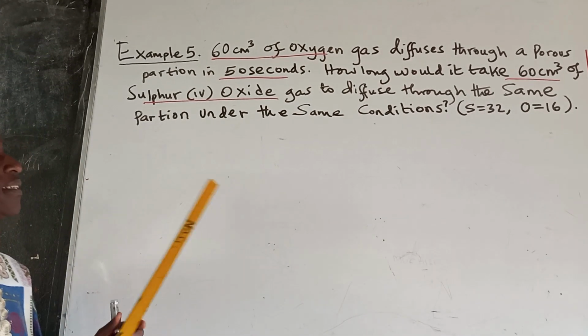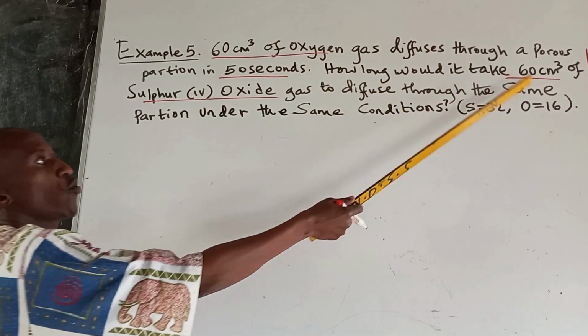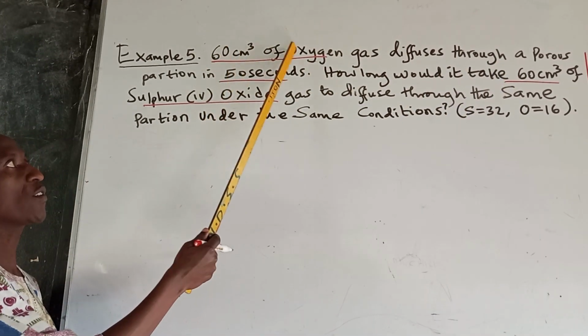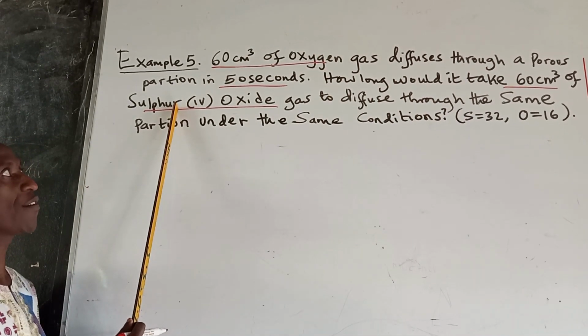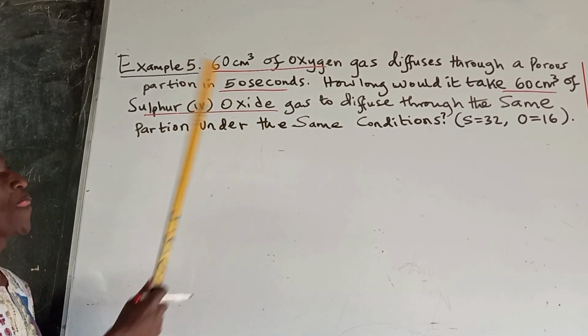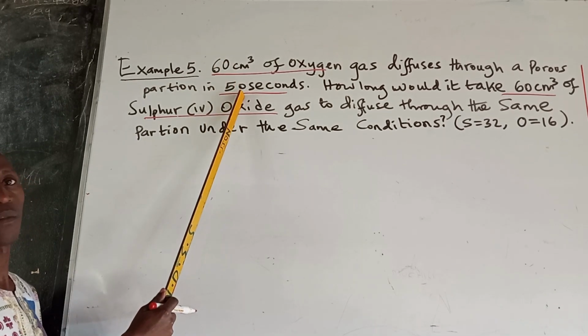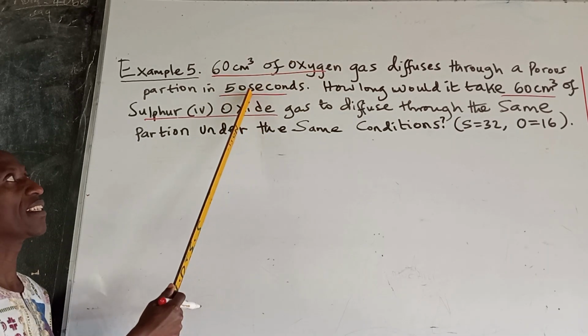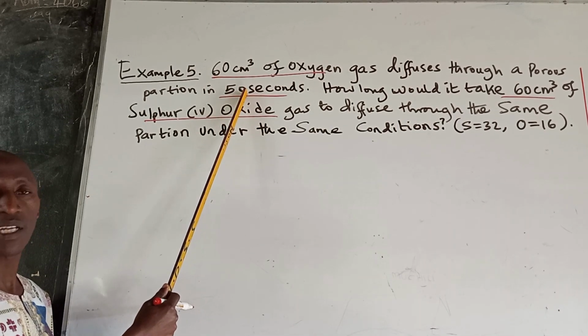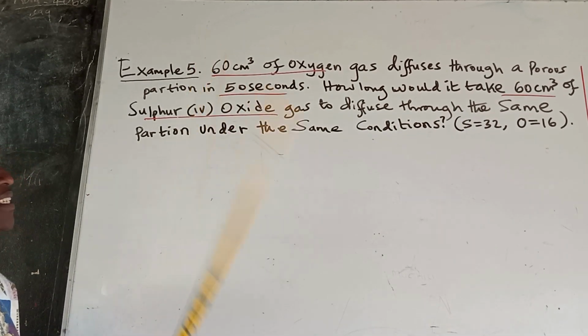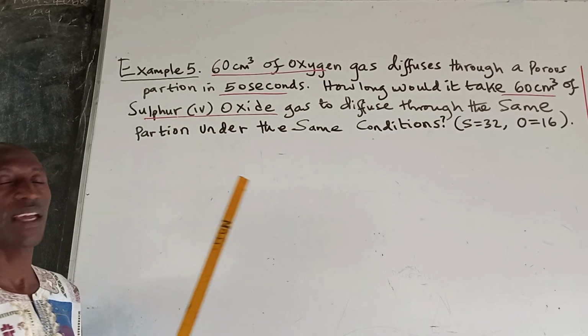Viewers, you realize that the volumes are equal. That is 60 of oxygen and 60 of SO2, that is sulfur oxide. However, the time for diffusion for oxygen is given as 50 seconds. So what we are required to calculate is the time taken by the SO2.